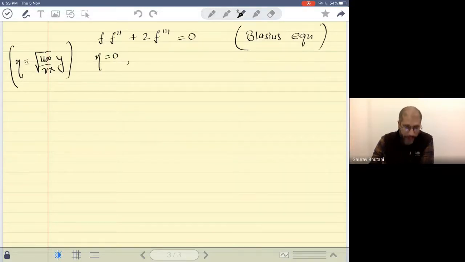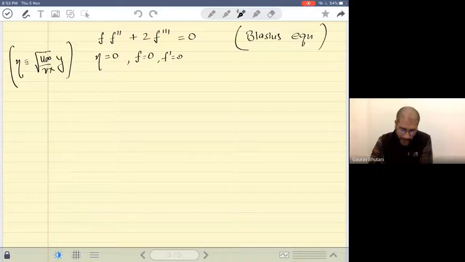So u being 0 gave us f prime equal to 0, and v being 0 gives f equal to 0. So this gives us two conditions at eta equal to 0. Remember, it's a third order ODE, so we need to find three constants.